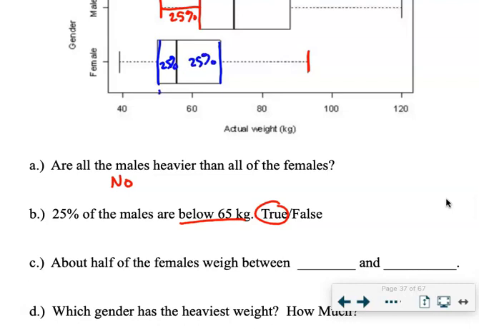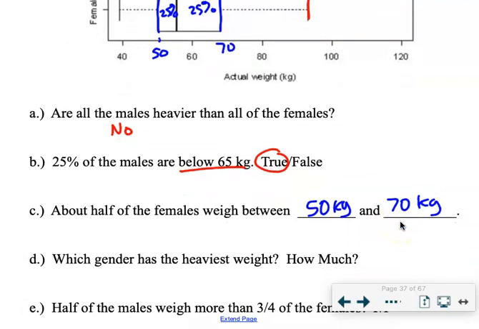That looks like it's representing about 50, and that looks like it's representing probably closer to 70. So I would say between 50 kilograms and 70 kilograms. You could probably have answered that a little bit differently if you chose. You could have gone from the median up, or the median down.